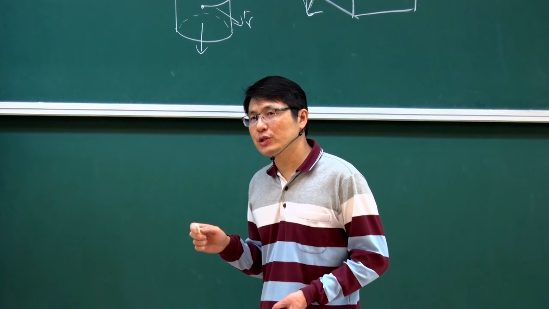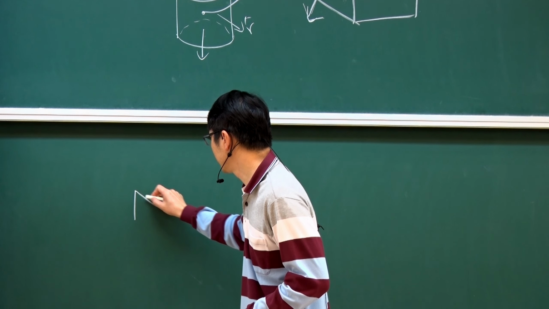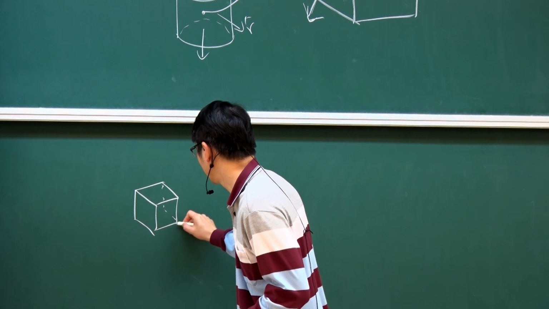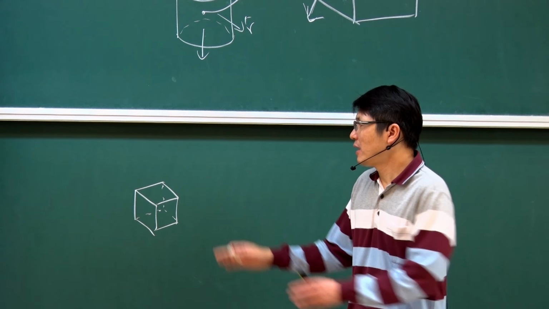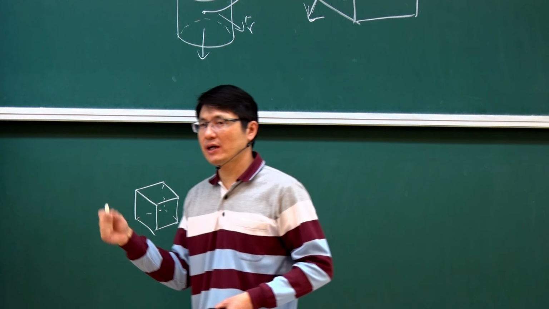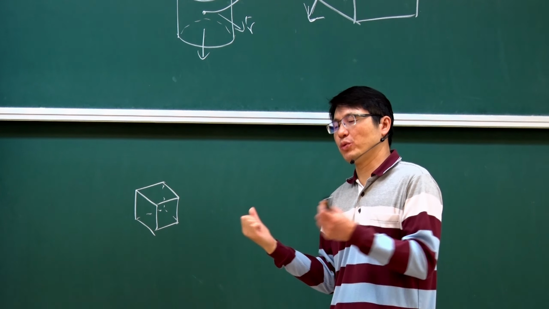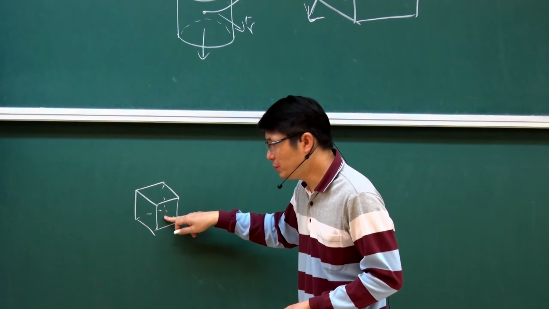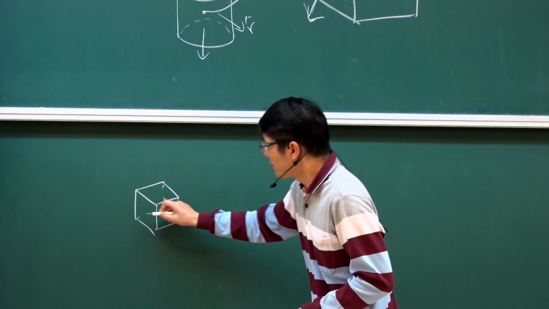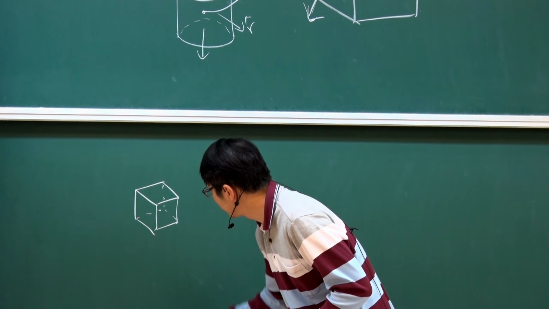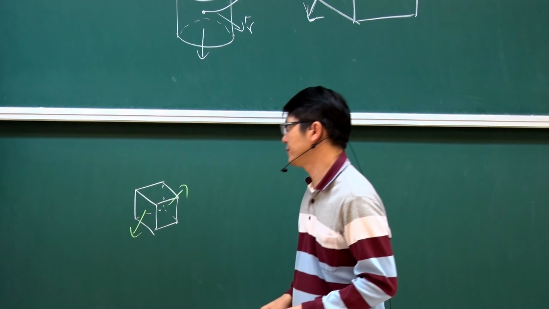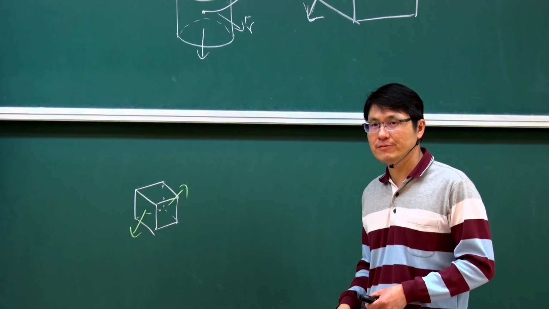We need to come back to the definition. For example, I have a big structure, right? On the right-hand side, I need to calculate the divergence, the outward flow. For each cube, I have 6 surfaces. But for example, I'm taking the front side and the back side. Okay, for example.